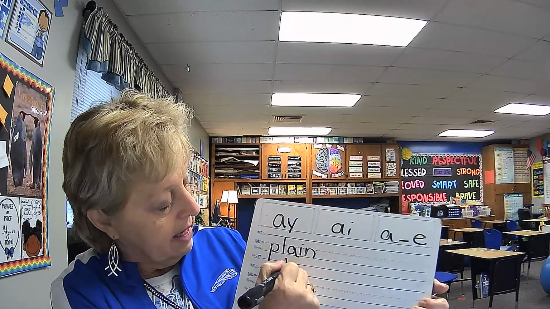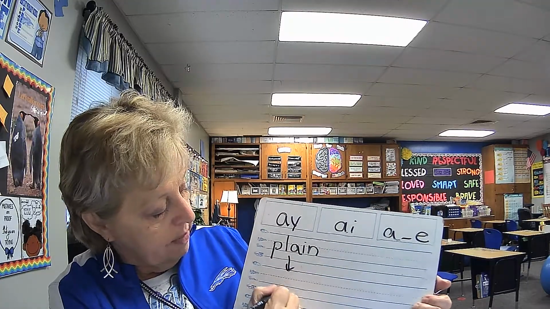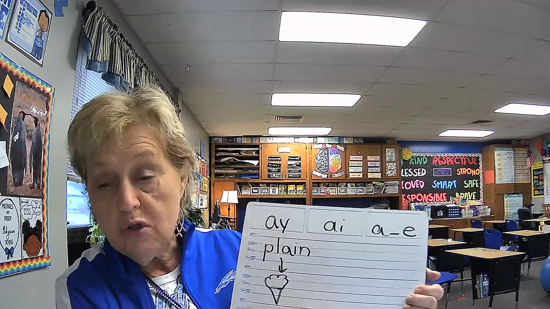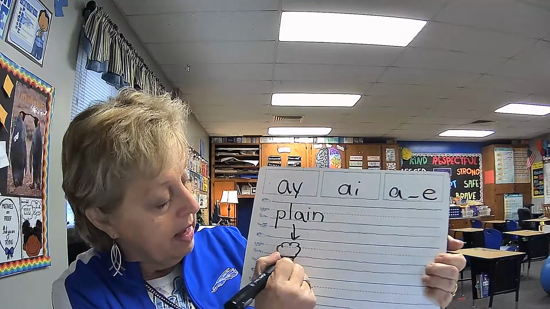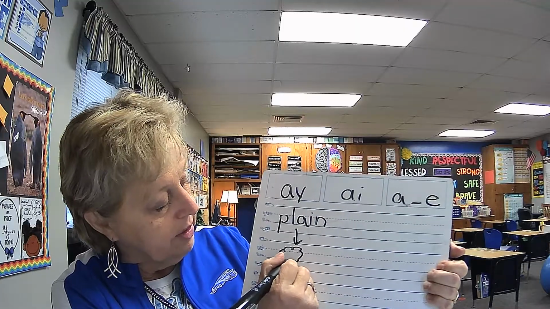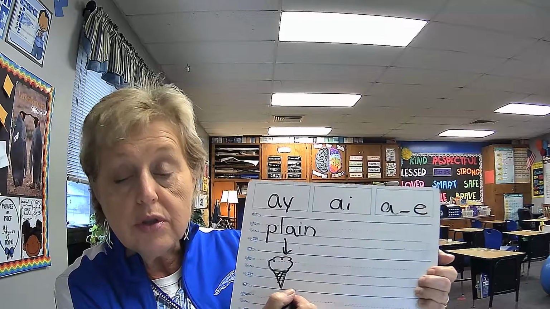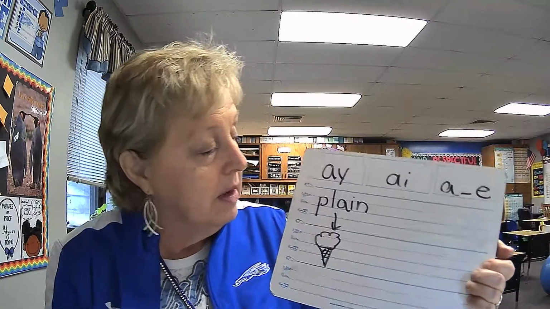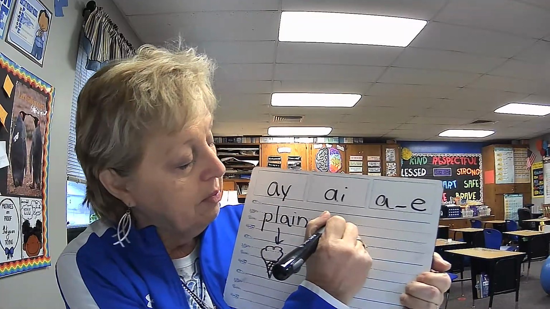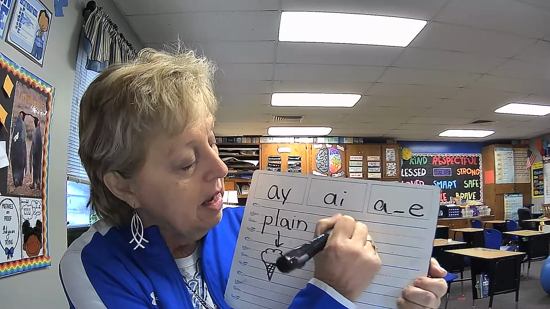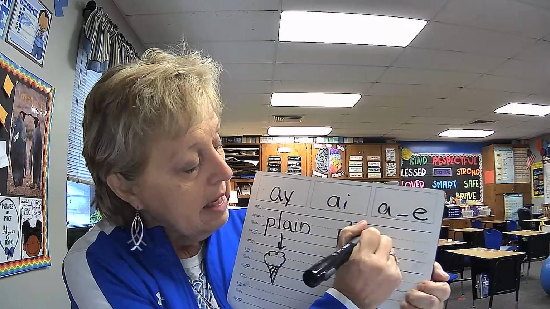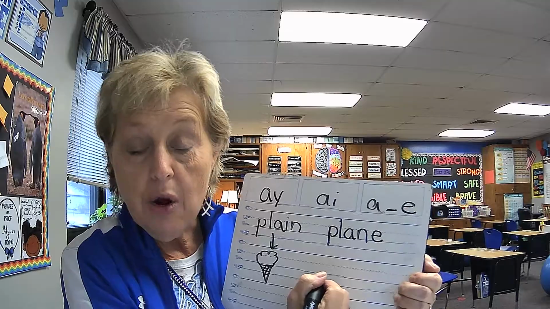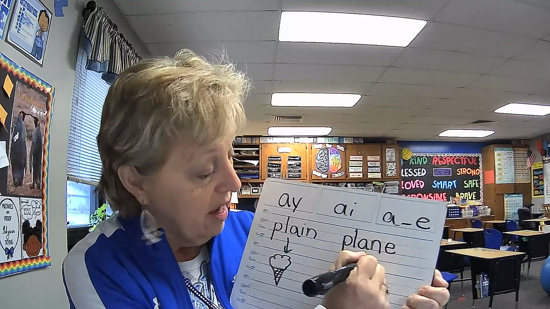And this word plain is like a plain vanilla ice cream with no sprinkles or anything. Okay? It's a plain vanilla ice cream cone. No sprinkles, no nothing. It's plain. Plain vanilla. But if I write the word plain, P-L-A-N-E, that one is the airplane that's in the sky.